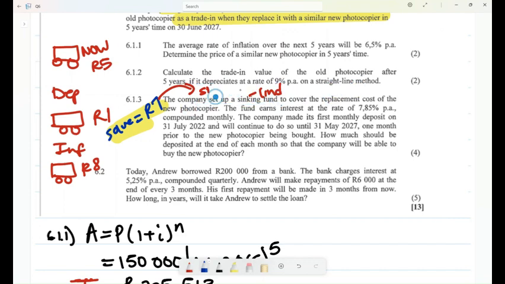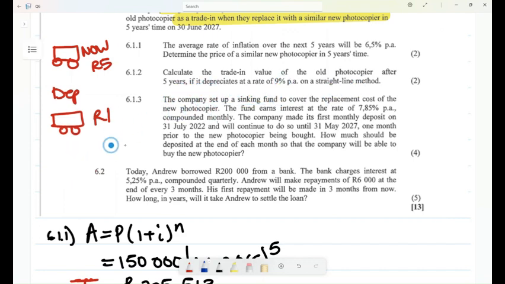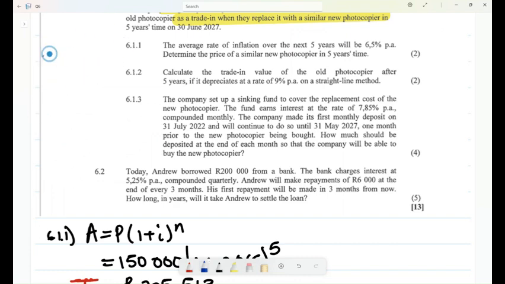Then let me remove this. And now 6.1.3 says to us, the company set up a sinking fund to cover the replacement cost of the new photocopier. They set up the sinking fund immediately after buying a new car, please take note of that. Actually, after buying whatever new thing they buy.